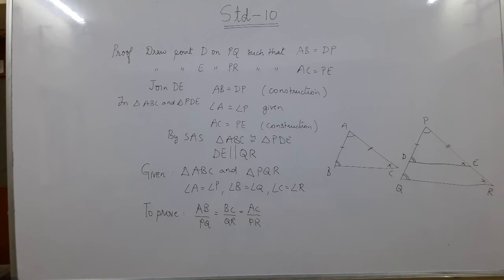So move to theorem 6.1. If a line is drawn parallel to one side of a triangle, intersecting the other two sides in two distinct points, then it cuts them in the same ratio. So if it cuts in the same ratio, what will we get now?